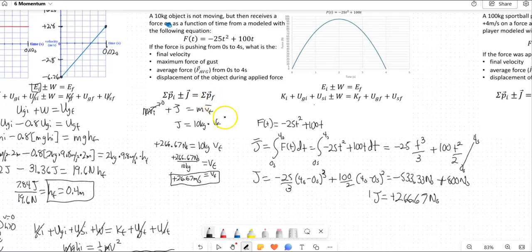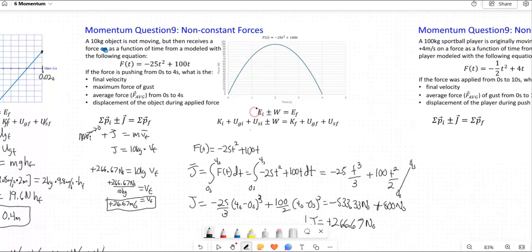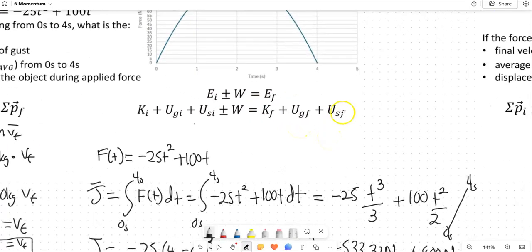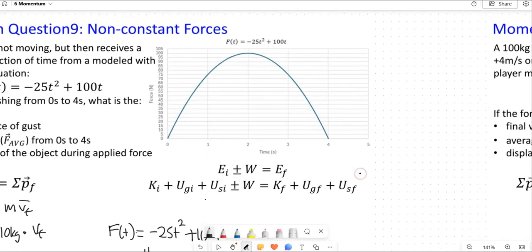Okay. Now, the maximum force of the gust. All right. So this one we have to kind of think for a second. Now, there's a lot of ways you could do this. This is a parabola, and if its maximum time is 4 seconds, well, it's going to reach its maximum height at 2 seconds, right?